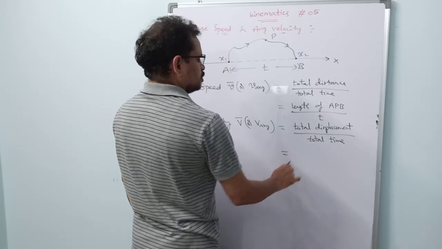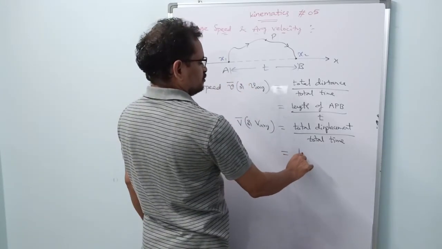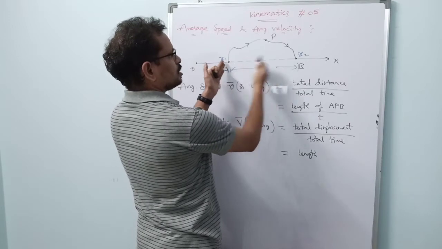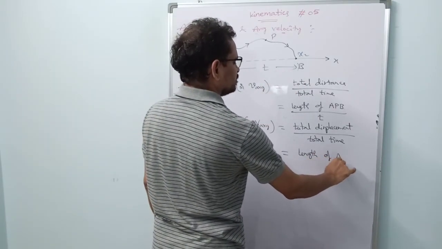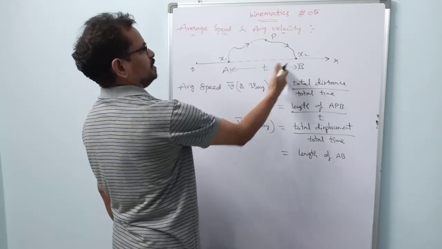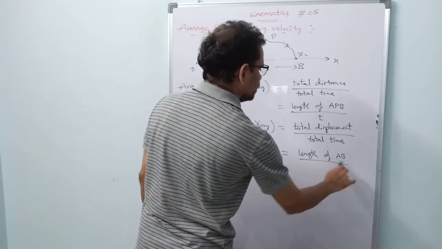So what is total displacement? The initial point is A, the final point is B. AB is the total displacement, no? So the length of AB. AB is a straight line, the length of the straight line AB. Here APB means this curved path. So the length of AB by total time.